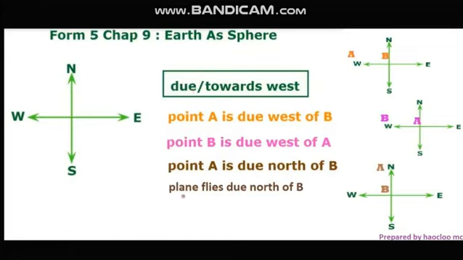Because this statement, the plane flies due north of B, means the plane flies towards the north of B. So B is here, the plane flies towards the north of B. And if you know where A is, then you know the plane flew from point B to point A. So in conclusion, when you see this point is due west of B, you just read from behind. So the west side of B is point A.